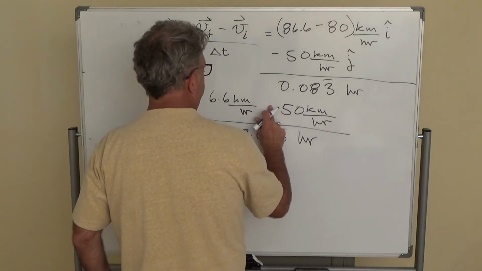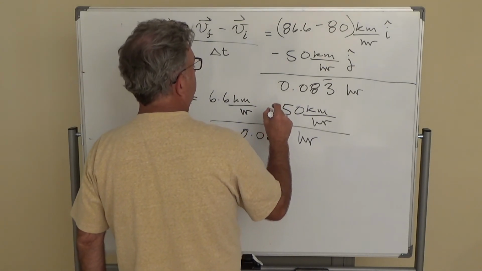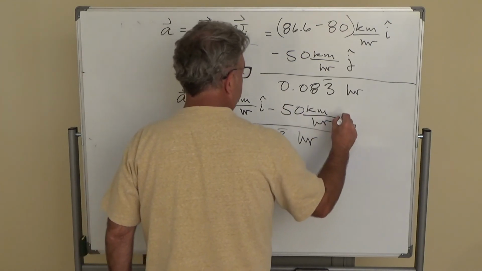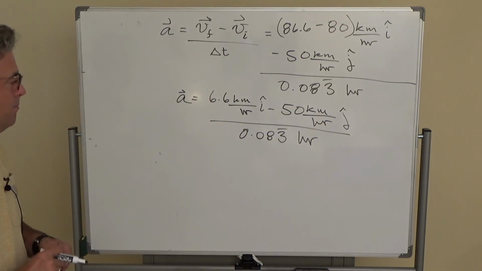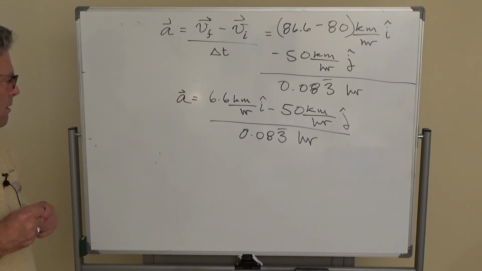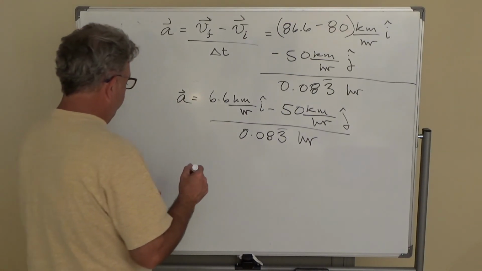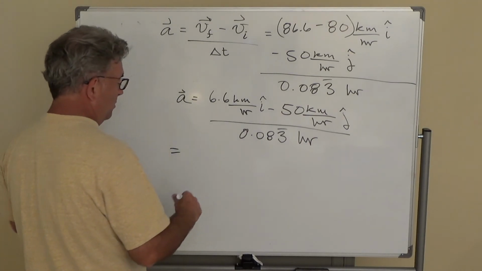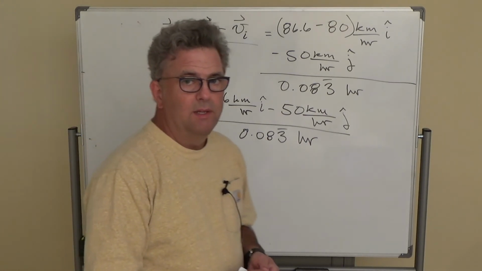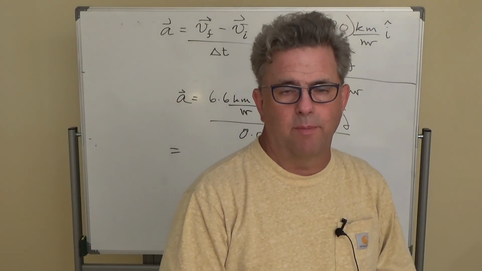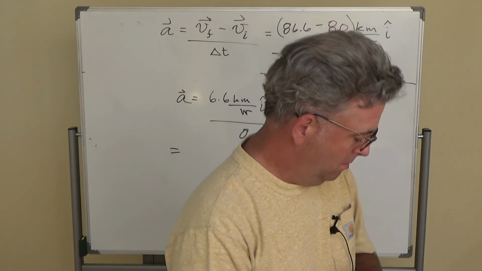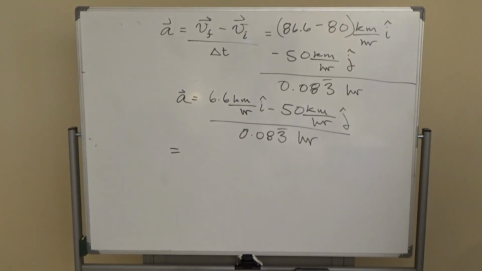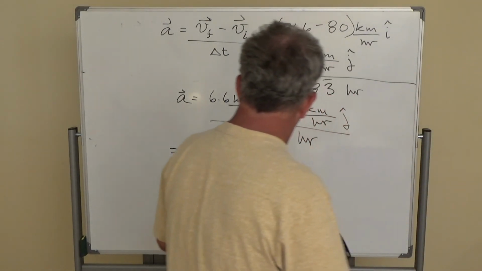This should be a vector. This is I hat. This is J hat. Okay. So these are pretty big accelerations as far as the numbers go. That's because you're in kilometers per hour squared, which is a weird acceleration unit, but so be it.